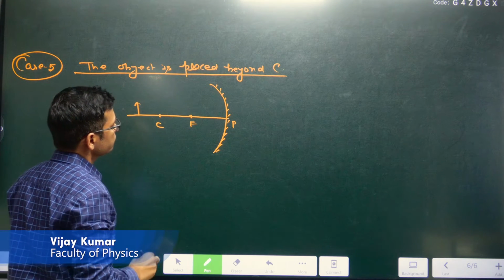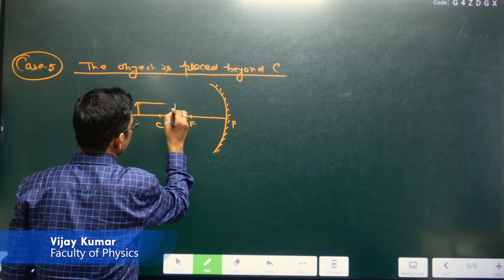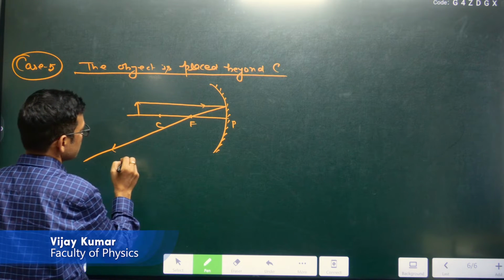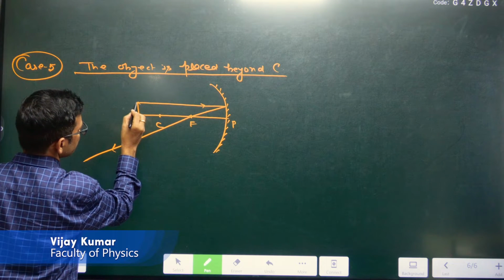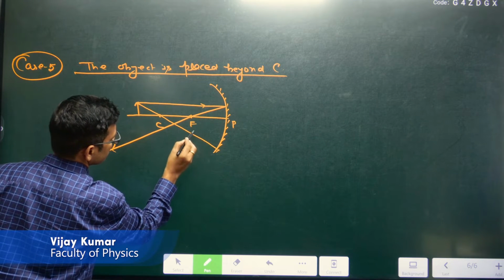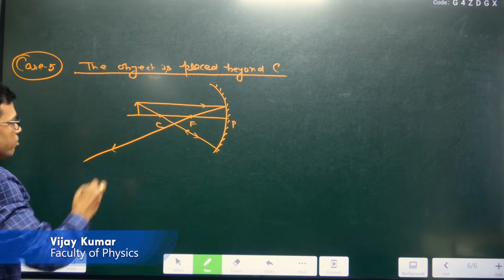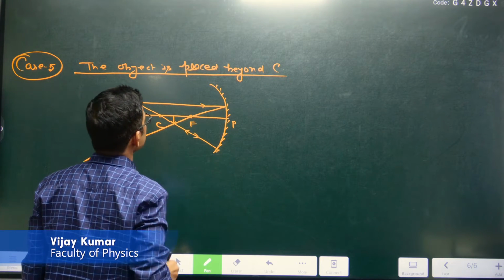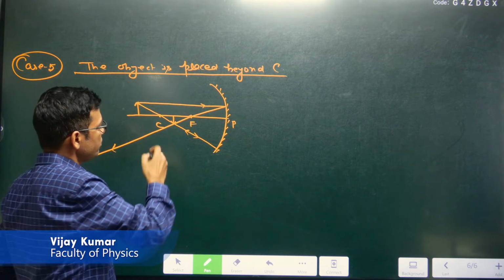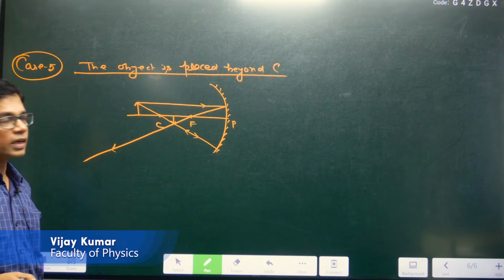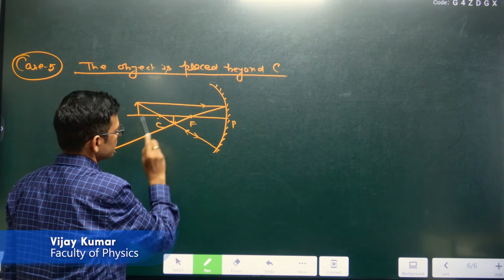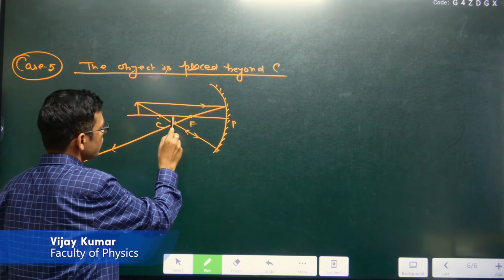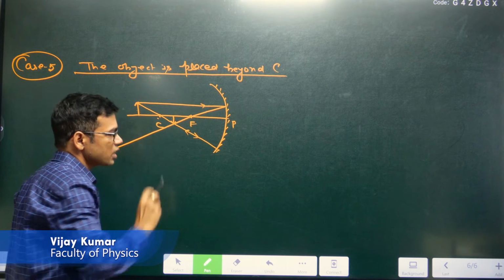Suppose this is the point. The first ray is parallel to the principal axis, and after reflection from the mirror it will pass through the focus. The second ray, if it passes through the center of curvature, retraces its path. By the intersection of these two rays, the image is formed at this position, between the center of curvature and the focus. We can observe that the size of the image is smaller compared to the size of the object.